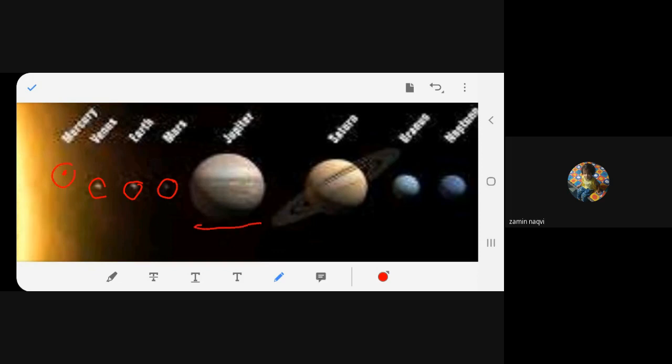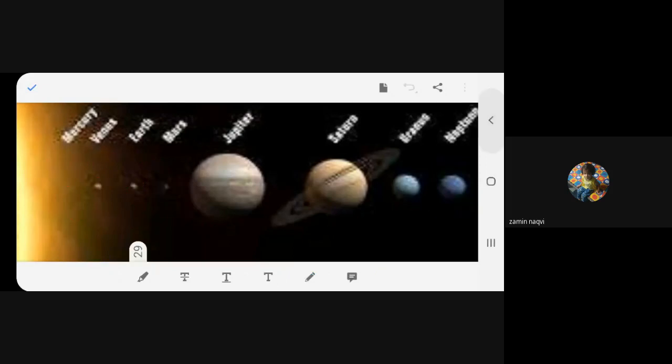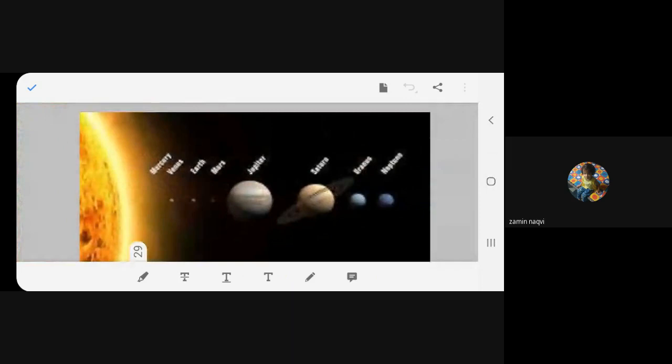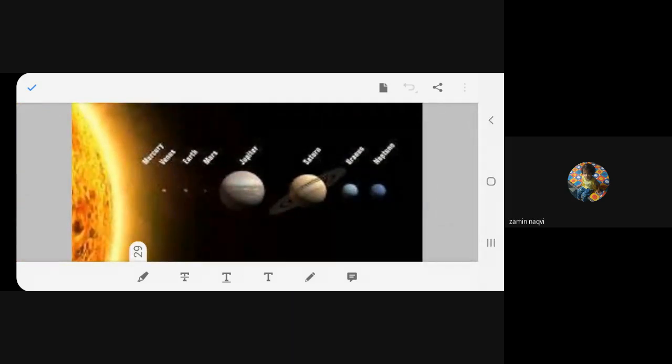Look at the size of Jupiter, which is followed by Saturn. So Jupiter is the biggest, then Saturn, then Uranus, then Neptune. And all these planets are so small. Even Earth is so small. This is the size, and this is how they move around the Sun.